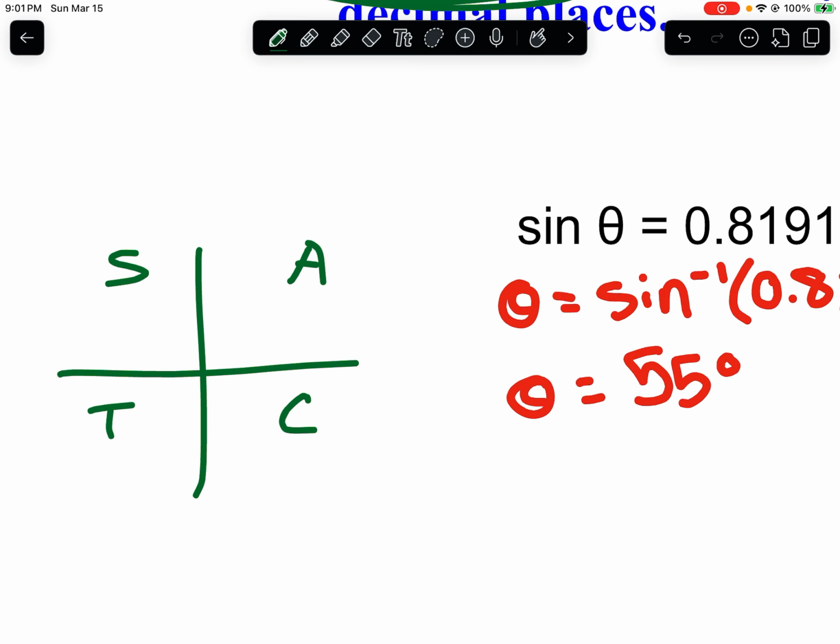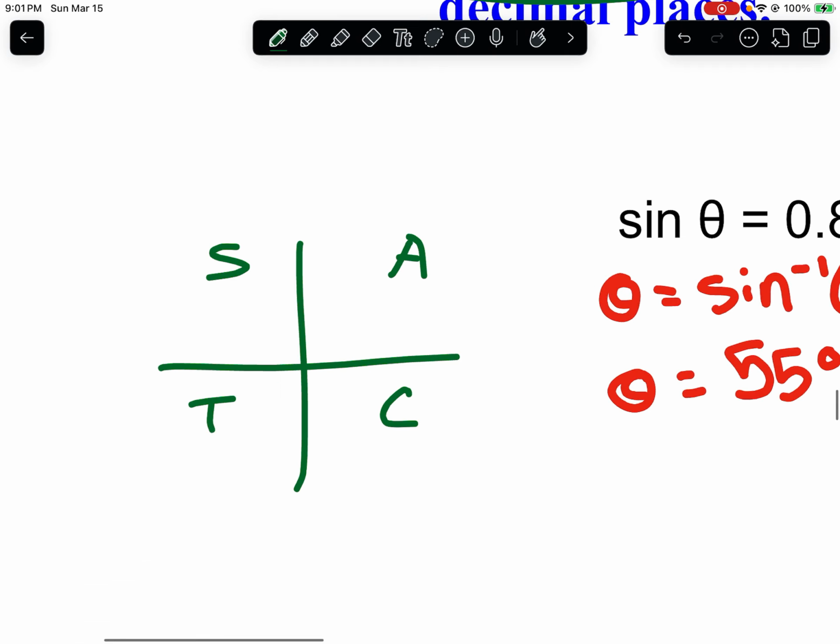Your calculator is most likely going to default to either the one in quadrant 1, between 0 and 90, or the one maybe between 0 and 180, when maybe there's another one that's bigger than 180.